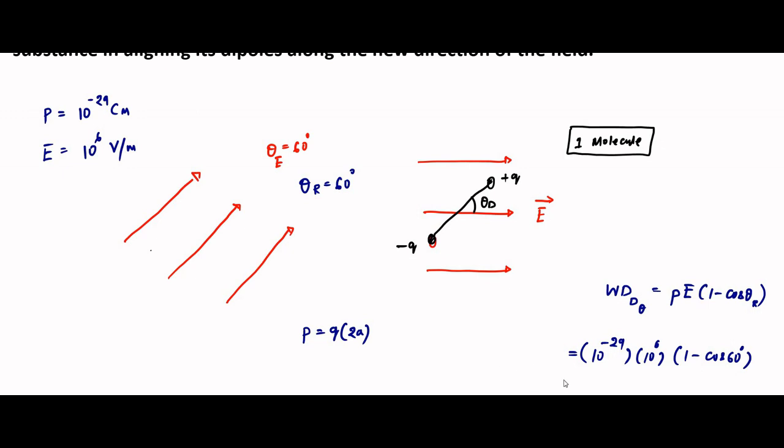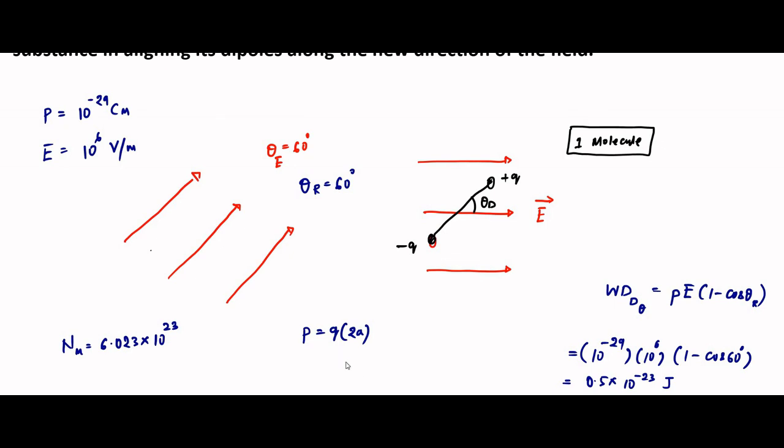That is equal to 10 to the power minus 23, and this is 1 minus 1 by 2, so 0.5 into 10 to the power minus 23 joules for one molecule. Here it has been asked to find the work done or the heat released for 1 mole of that. So 1 mole, the value we know, is 6.023 into 10 to the power 23 molecules.